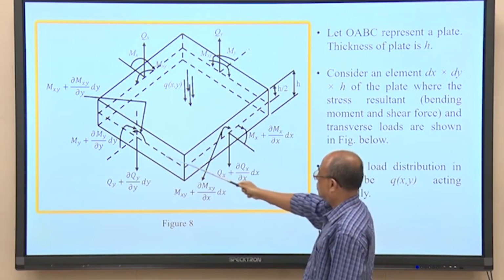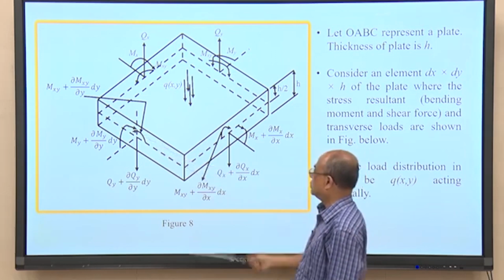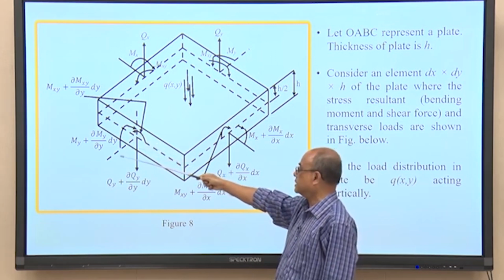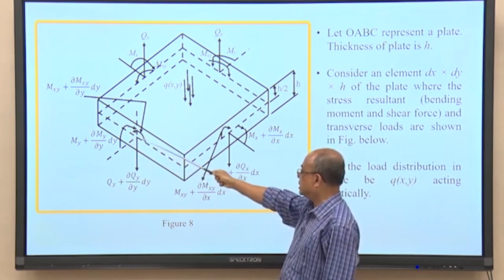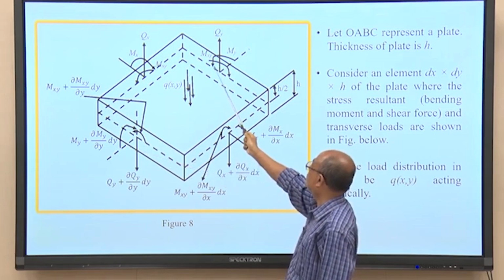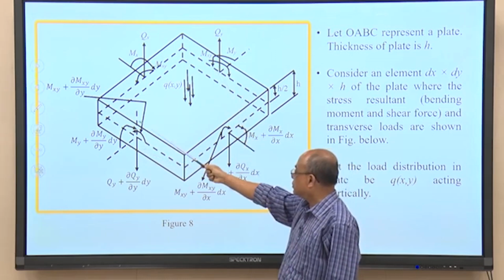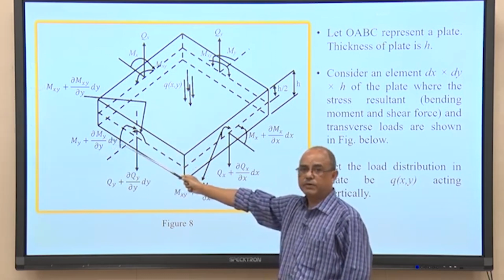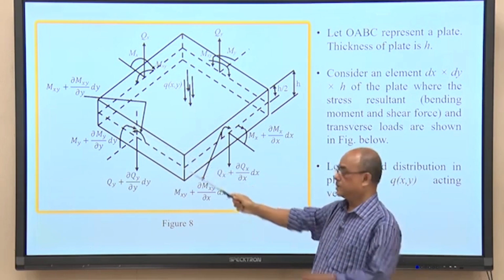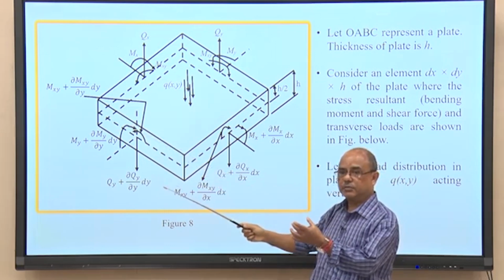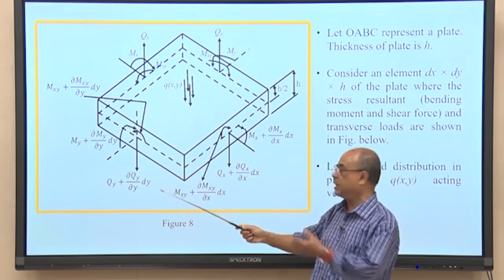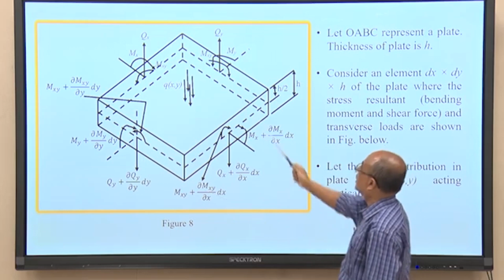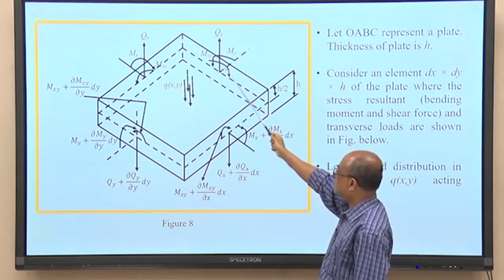On the edge which is parallel to the x axis, that is perpendicular to the y axis, the principal moment is my, and on the opposite face it will be my plus some increment. This increment is found from Taylor series expansion, taking dy as a very small quantity, and we retain up to the first term. So, mxy is also given here.